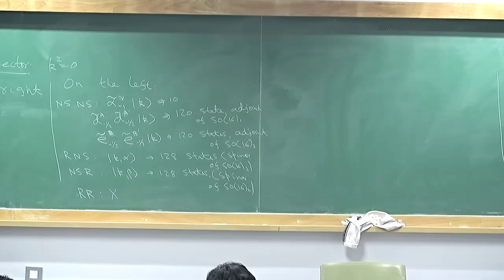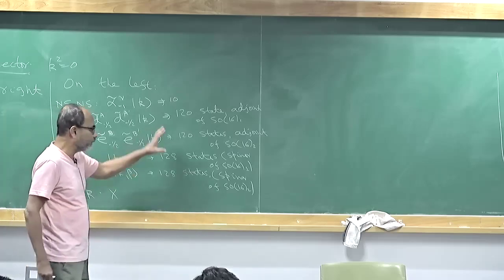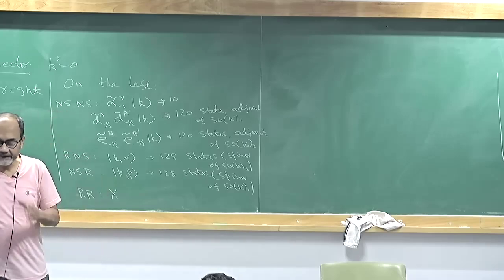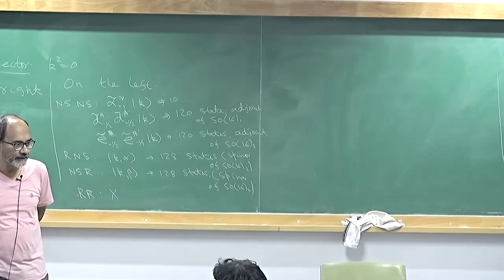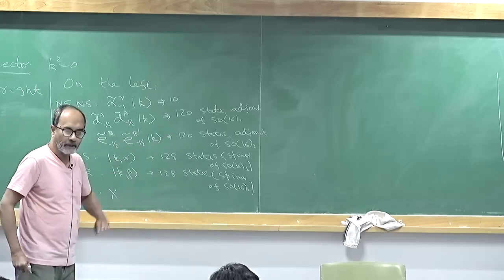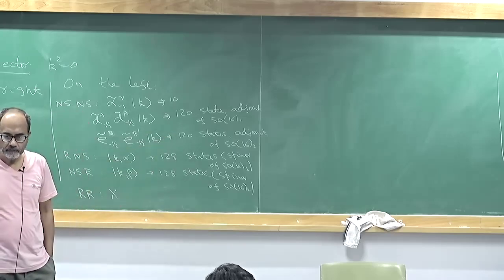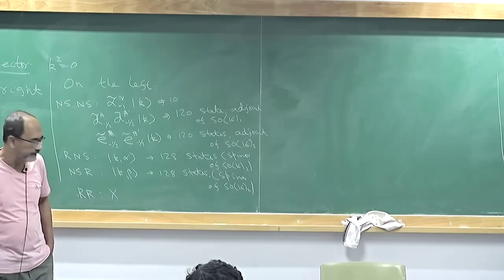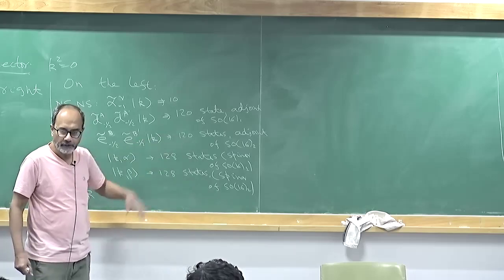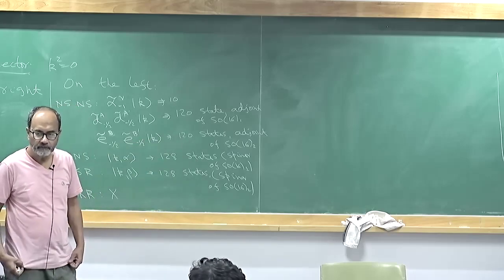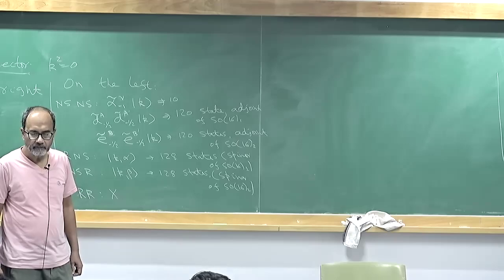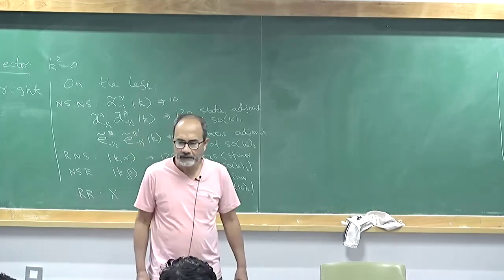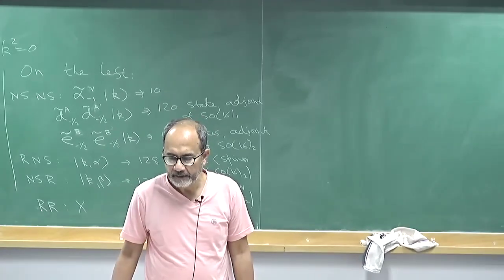But once you have said that these 120 and 128 states together form the generators of E8, then the algebra of E8 determines how these 120s transform under 128. All commutators are fixed.